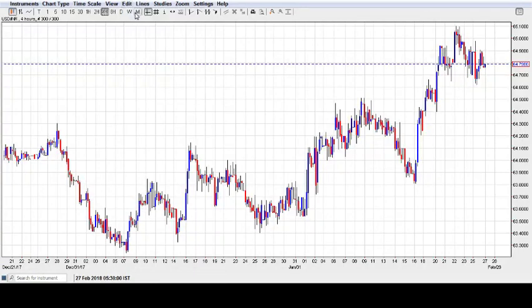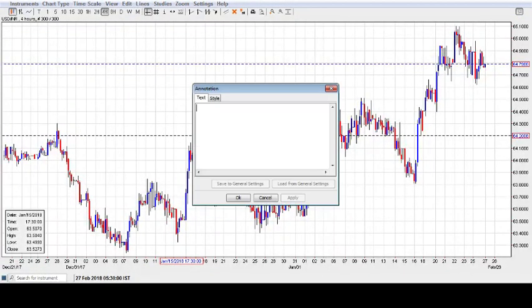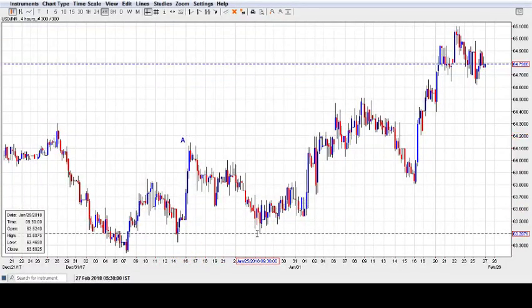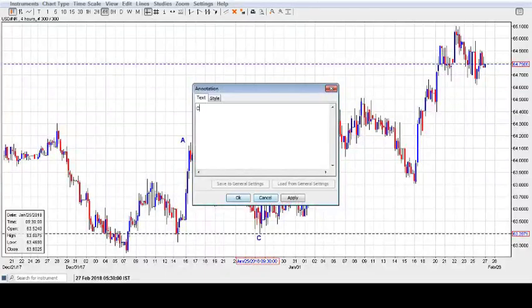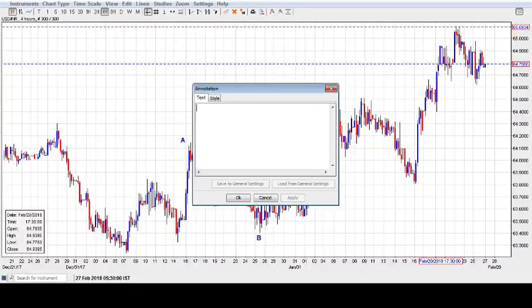Let's label it first. It could be A, B, and C over here. A 335. Wave C is complete.